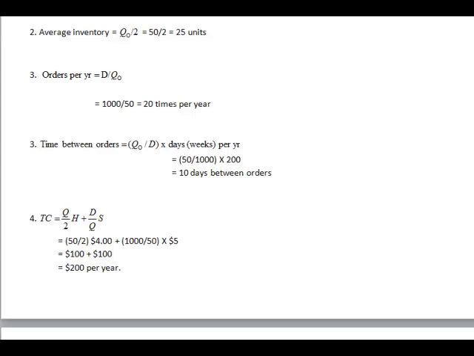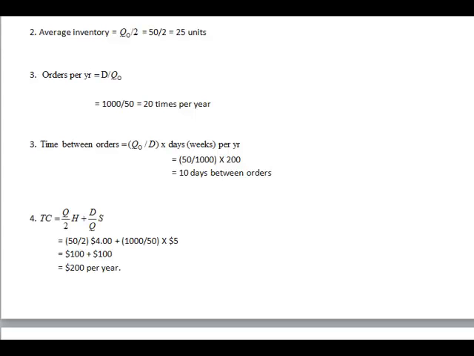So plugging in the variables into the formula, shown on the second line, doing the calculation, we can see that the storage cost is $100, the ordering cost is $100.